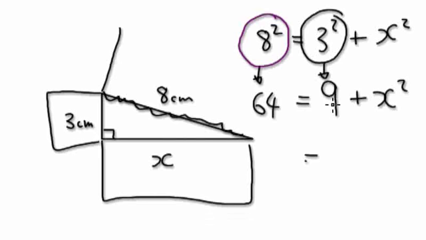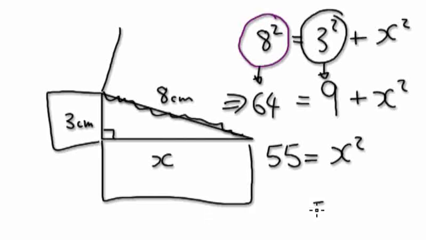Now take away 9 from both sides, so this will be 55. This equals x squared. So in your mind, take away 9 from both sides.